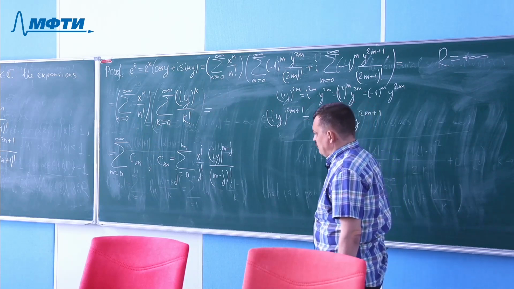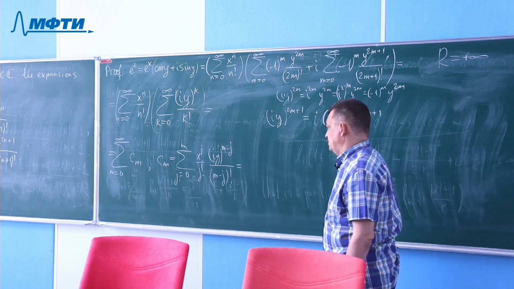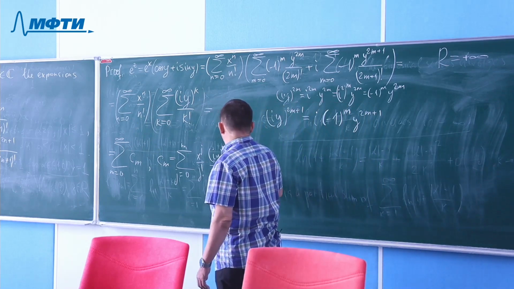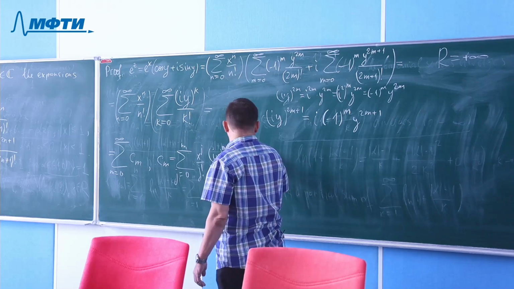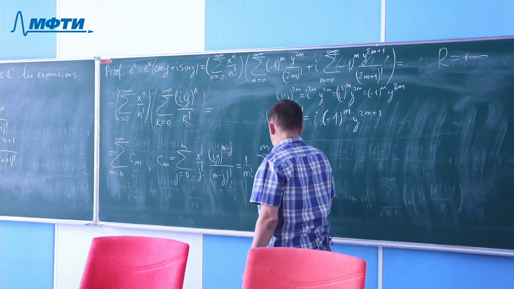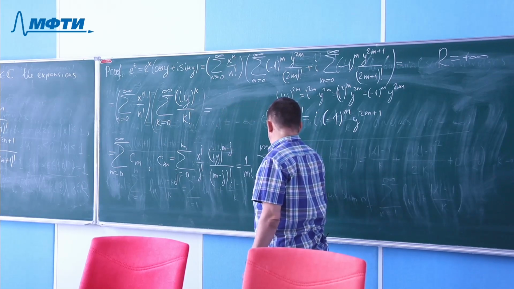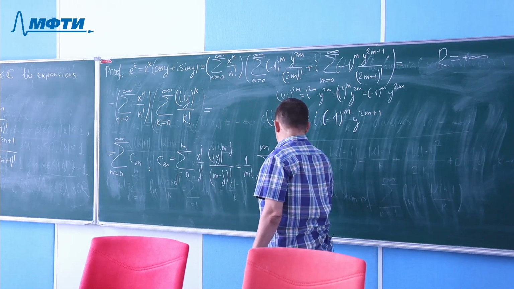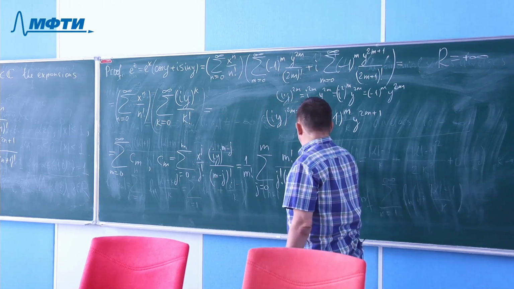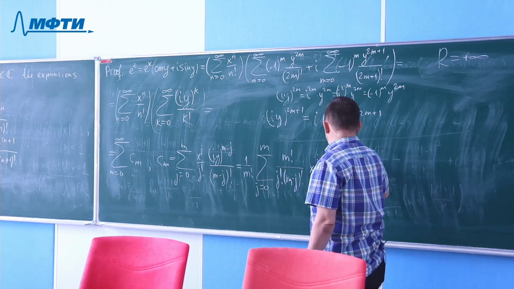Okay, but then look, I can rewrite as follows. I can write it 1 over m factorial times sum j from 0 up to m of m factorial over j factorial (m minus j) factorial x to the power j times iy to the power m minus j.